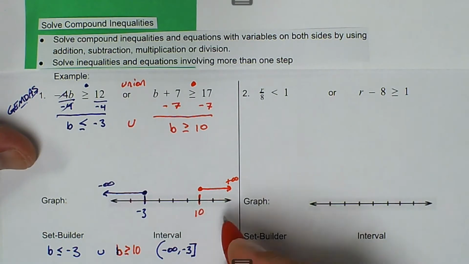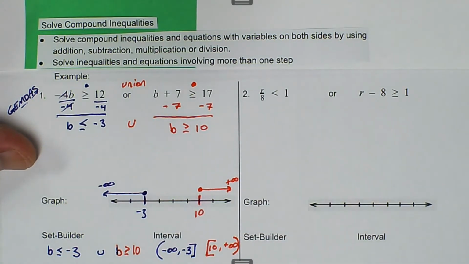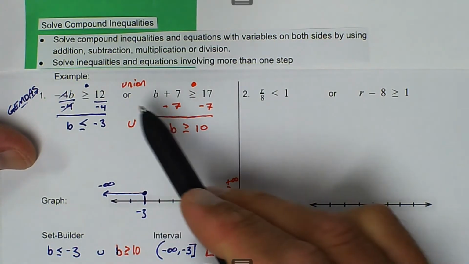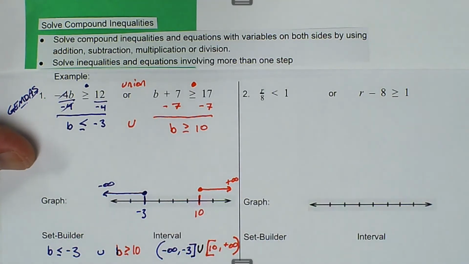So our low side is going to be positive 10, and our high side is going to be positive infinity. Positive 10 is included, so we'll use the bracket. Infinity is never included, so we'll use the parenthesis. And our conjunction in this case, because it's or, we want to use our union sign. So that one is done right there.